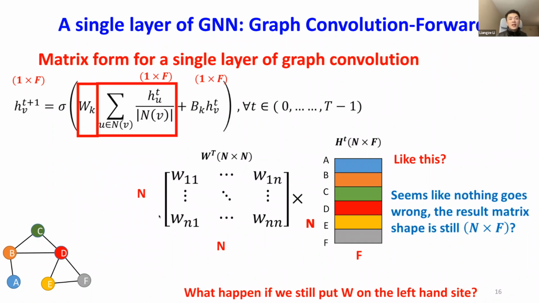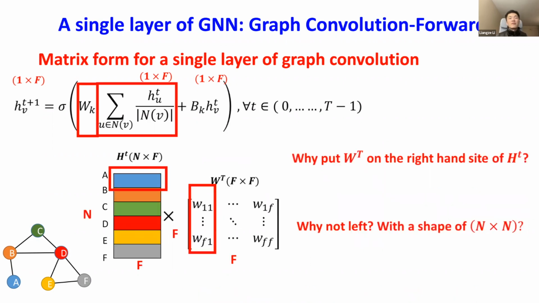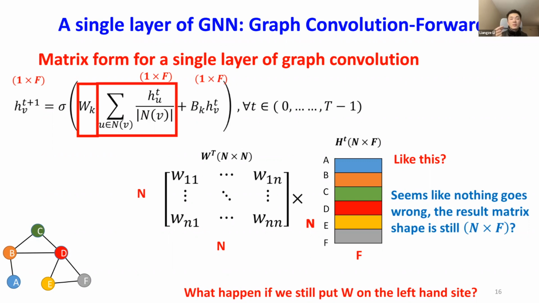So if we take an n times n weight matrix, that's different from the f times f weight matrix we proposed here. If we take it to be an n times n weight matrix instead and multiply it with the n times f representation matrix, that will still make dimensions match, right? So why don't we do that?